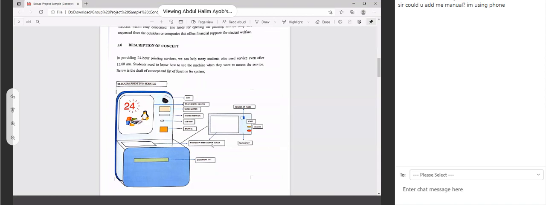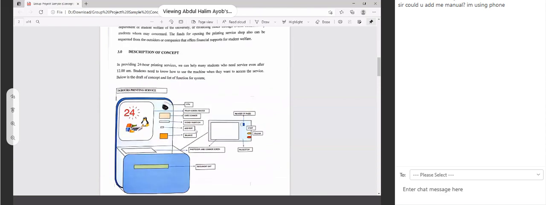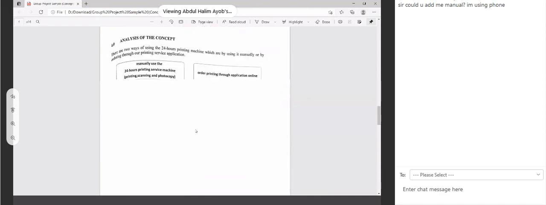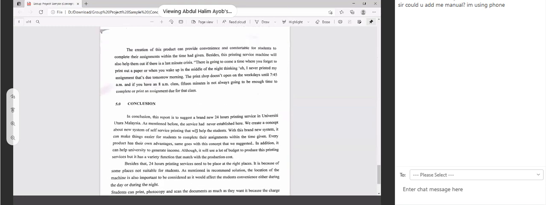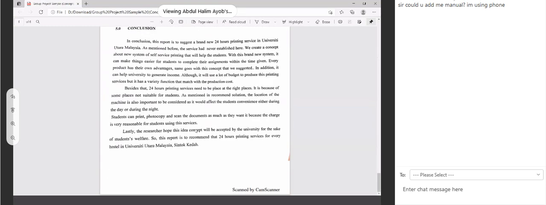I want something like this with sufficient details to it, and not more than 10 pages, but not less than 6 pages for your group project.